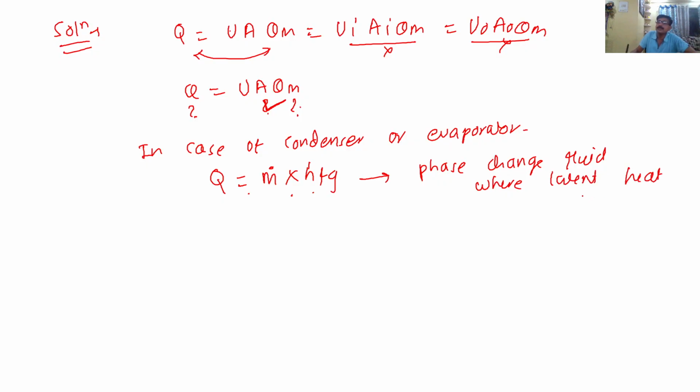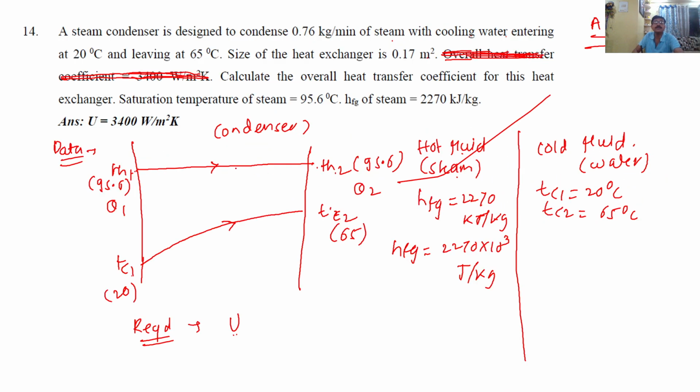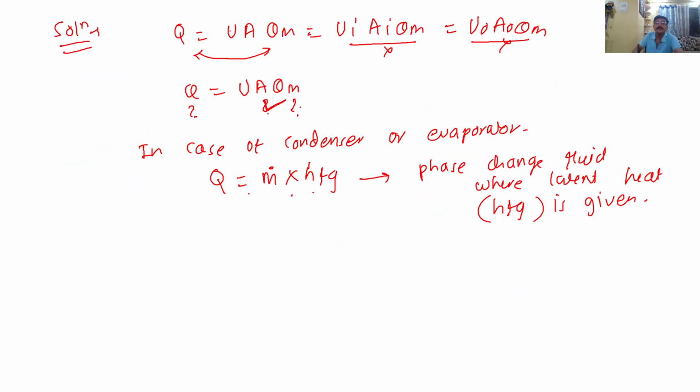Latent heat means what? HFZ is given. So in this formula, which fluid in this case is changing the phase? In a condenser, always the hot fluid is changing the phase. So here I will write m dot h.